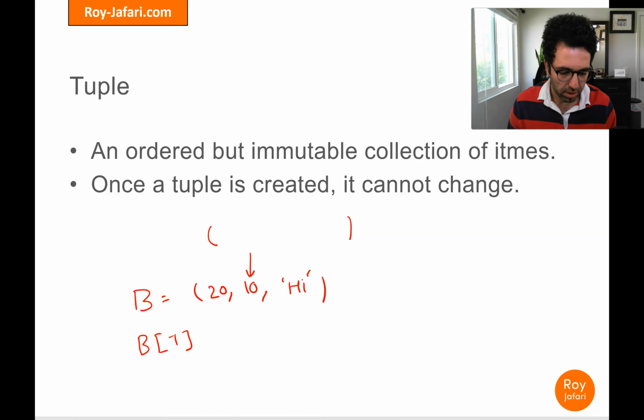For a list, I could say B.append and add stuff at the end, but for a tuple, that doesn't work that way. And a tuple, because of the way it's structured, takes up less space in your memory. At the same time, the way you need that data structure might be such that a set structure is suitable for your solution.